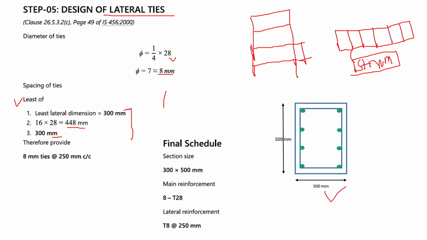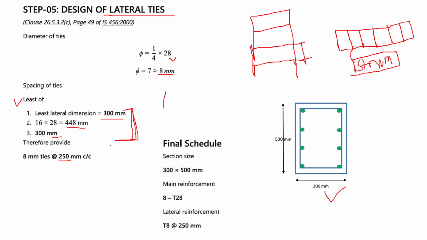Whatever values you get, you take the minimum among these three. But I am providing 250 mm here. You could provide 300 mm minimum, because you are going according to the code, which means your design is safe, but I am reducing the spacing of the tie bar for our good.